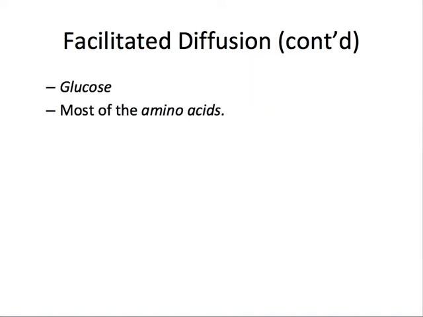Among the most important substances that cross the cell membranes by facilitated diffusion are glucose and most of the amino acids.